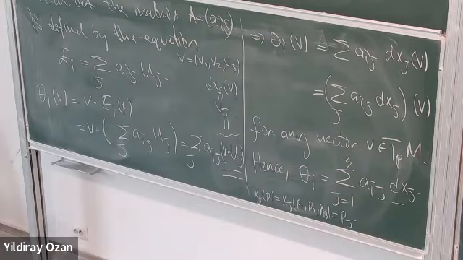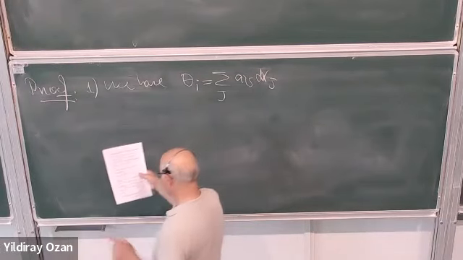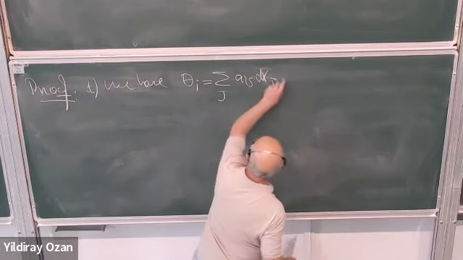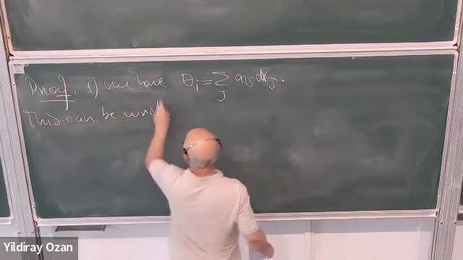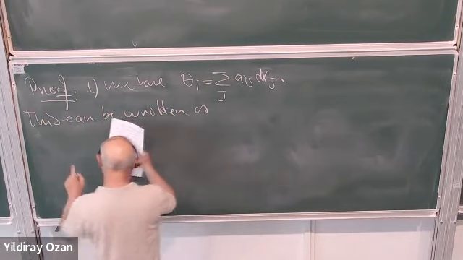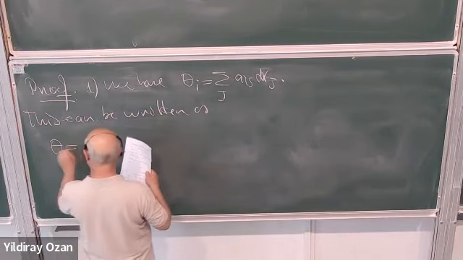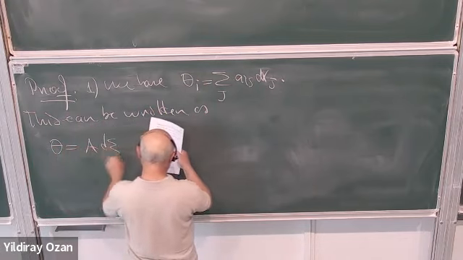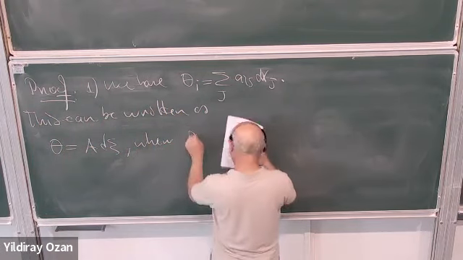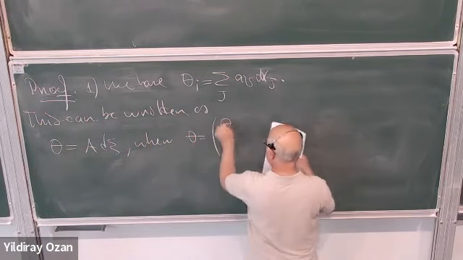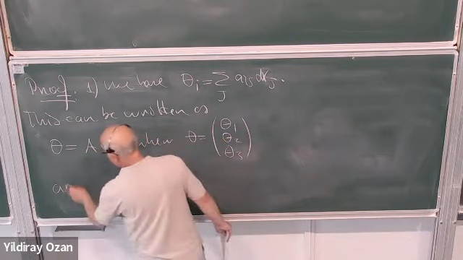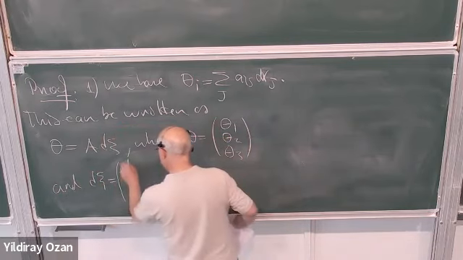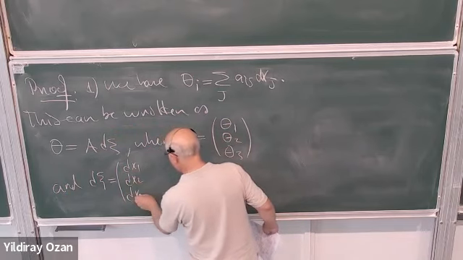Now, we have this. I can write it this way: theta equals A times dx, where theta is this vector (theta1, theta2, theta3) and dx is this vector (dx1, dx2, dx3).